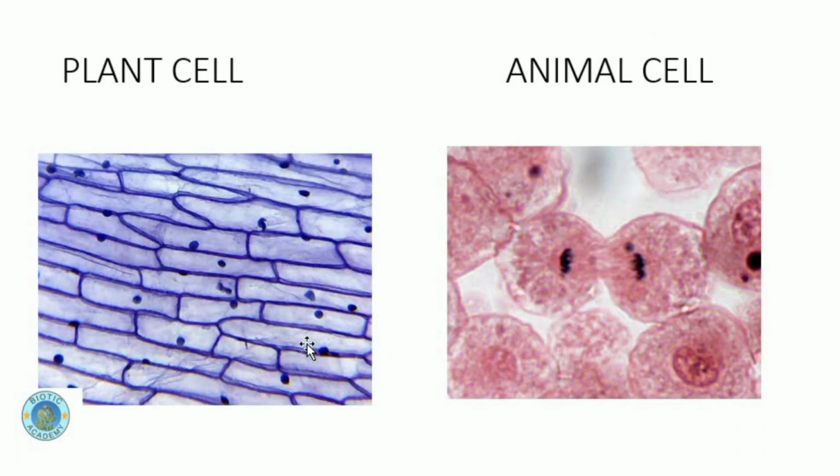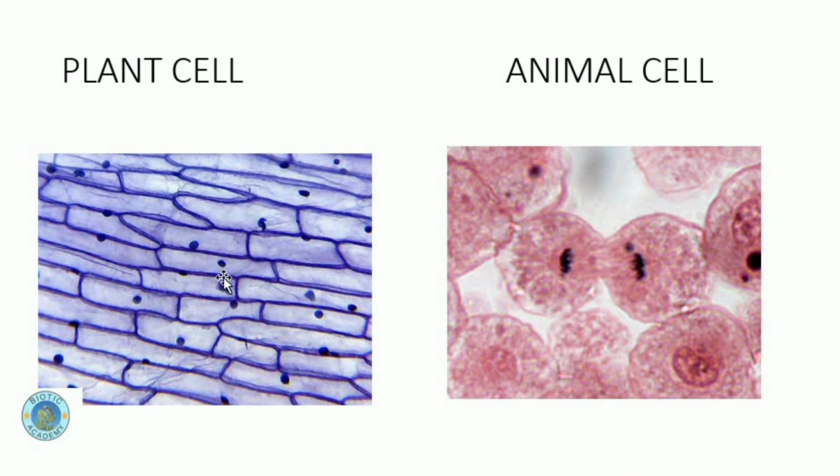Now when I observe that slide under the microscope, the plant cell will appear like this. And for animals, suppose I am observing cheek cells, cheek tissues, and I have made a slide of them. After the staining techniques, the same procedure which I have told you previously, we are going to observe the animal cell. It will look like this, and the onion epidermal skin is going to look like this.